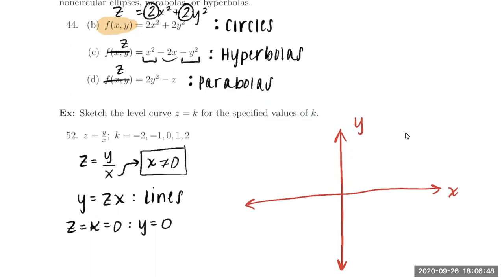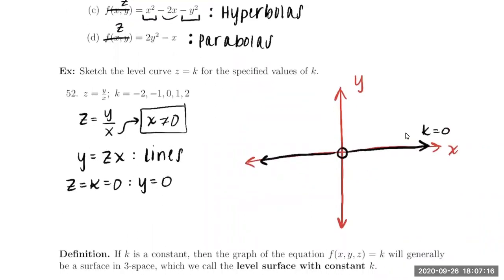So y equals 0 is along the x-axis here, but I'm going to put a hole here at x equals 0. And so I have this level curve, and I'll just indicate too that this is occurring at k equals 0. And so now we just want to incorporate additional level curves on this contour plot.